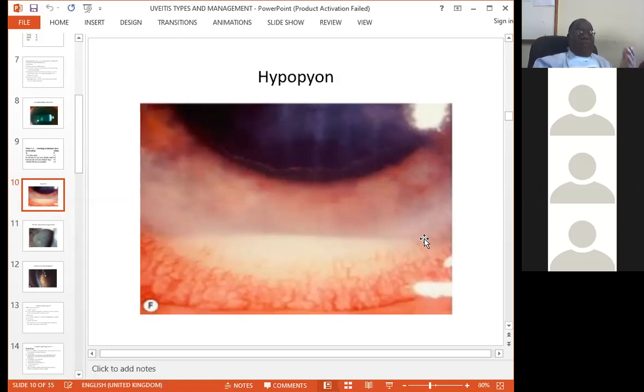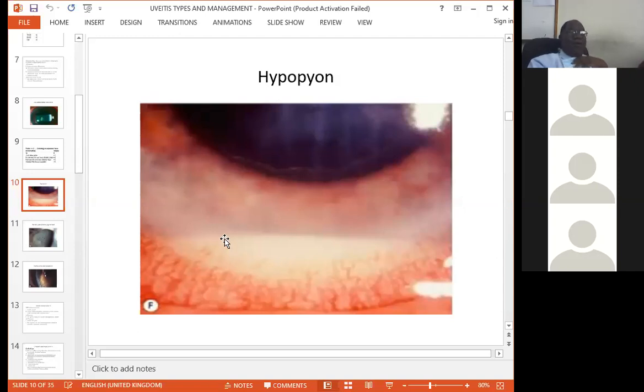Fluid level here between the iris and the cornea. This is the hypopyon. The cornea is clear. You are able to see through. You are able to see all this. This is the limbus. This is the cornea. First layer. You are able to see through, and you see this fluid level. This is what is referred to as hypopyon.